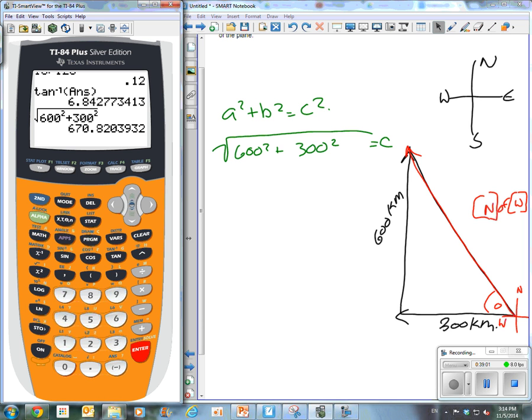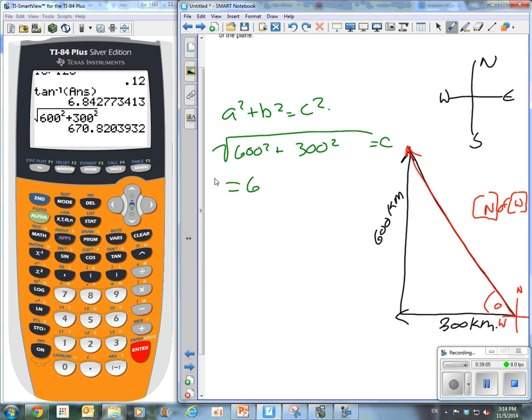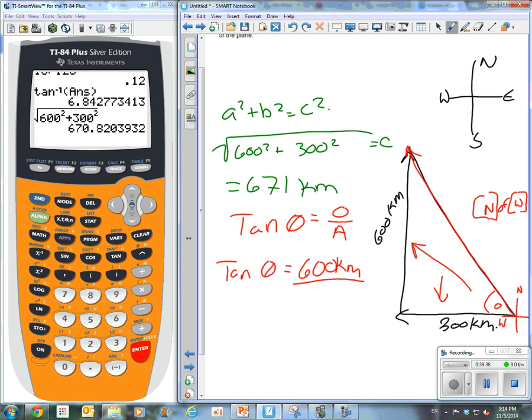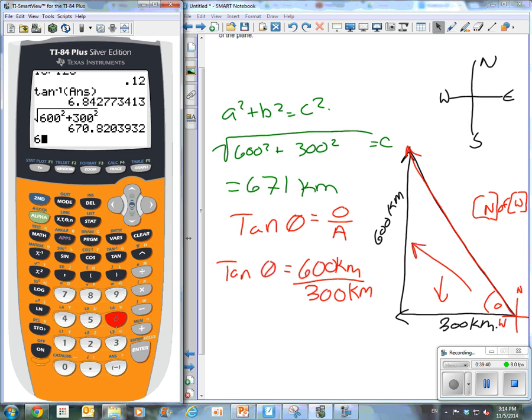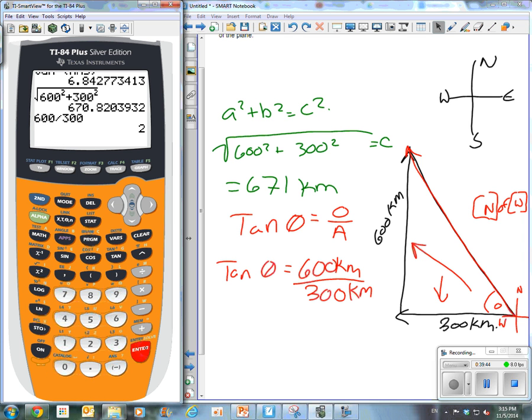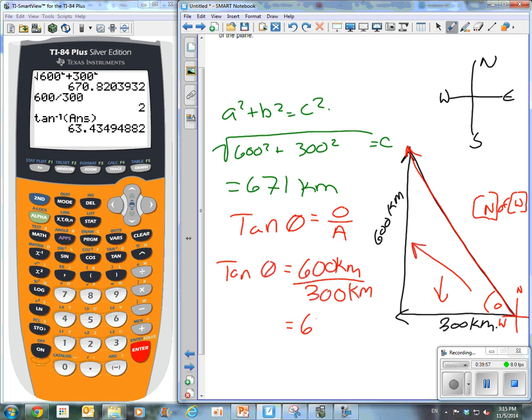That is going to give me a value of 671 kilometers. Now we need to figure out the degrees. So again, we're doing a little SOHCAHTOA. I still haven't gotten the hypotenuse, so this is still going to be tan theta equals opposite over adjacent, or a little TOA. So tan theta equals my opposite, 600 kilometers over adjacent, 300 kilometers. 600 divided by 300 gives me 2, and the inverse tan of that answer gives me 63.4, or just 63 degrees.